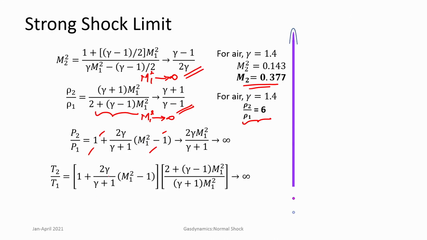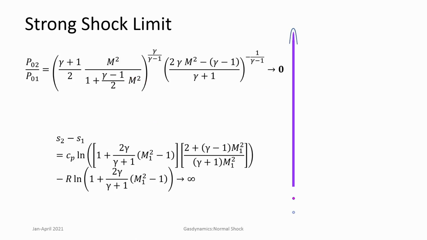Since pressure ratio increases to infinity, even temperature ratio increases to infinity. This limit, where shock waves become very strong as Mach number increases, is known as the strong shock limit. In the strong shock limit, Mach number downstream of the shock and density ratio reach finite values, but pressure ratio and temperature ratio can increase to infinite values.